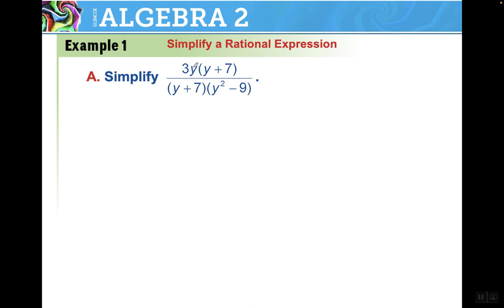So in this case, I can cancel this whole factor, this y plus 7 and this y plus 7 from top to bottom. I would not be able to cancel just the 7 and just this 7 because that's not a factor. The factor has to be multiplied. So in this case, there's not much else I can do. So I have 3y over y squared minus 9.